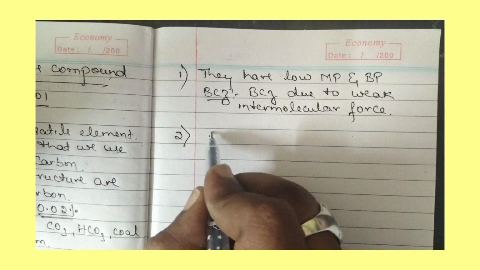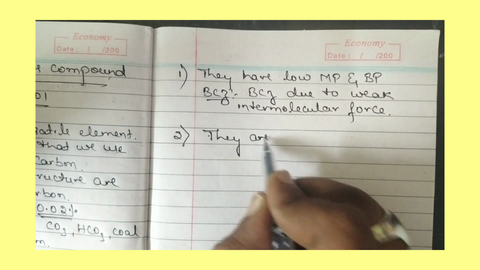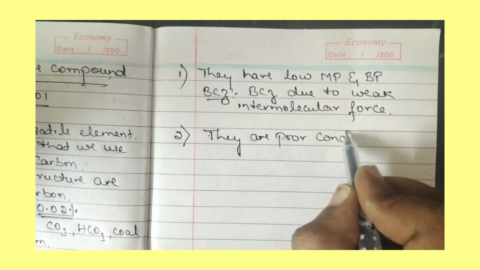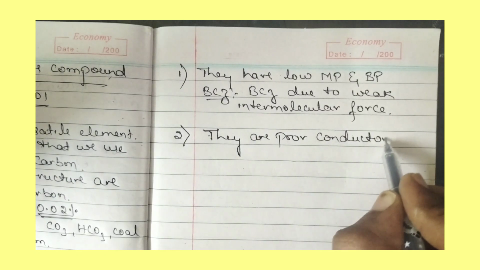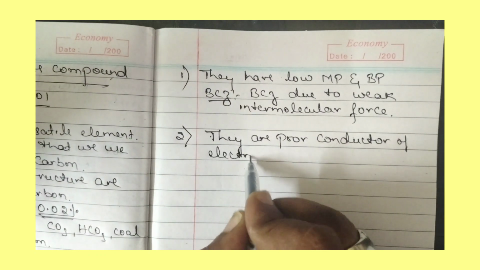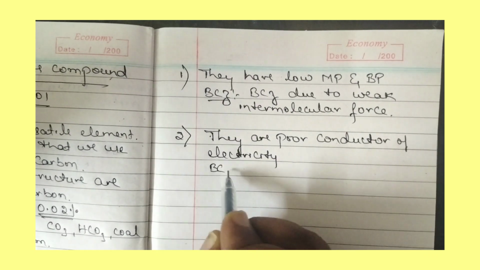Then the second property is that carbon compounds are poor conductors of electricity. Why are they poor conductors of electricity?